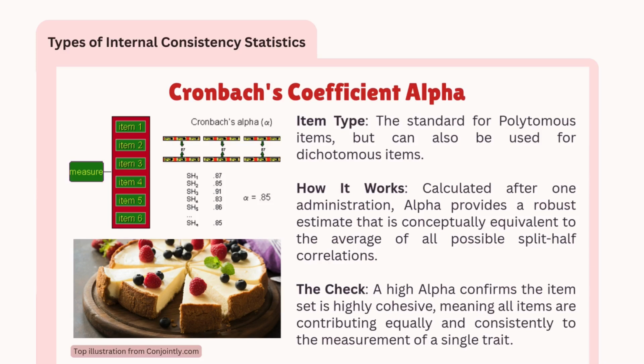You can think of Cronbach's alpha as the reliability method that gives you the best possible answer. When you use the split half method, for example, you only test consistency using one pairing, like odd versus even. But what if dividing the test into the first 10 questions versus the last 10 questions would give a totally different correlation?